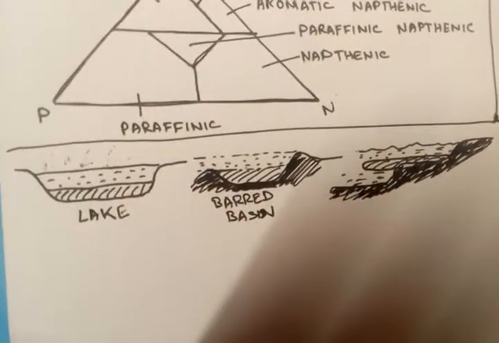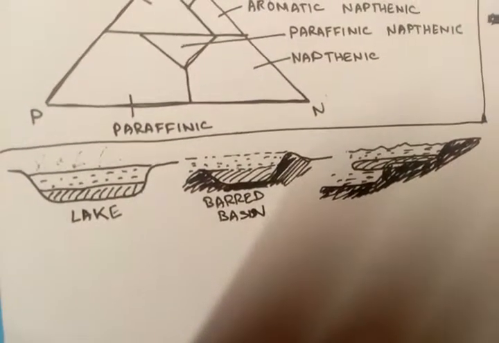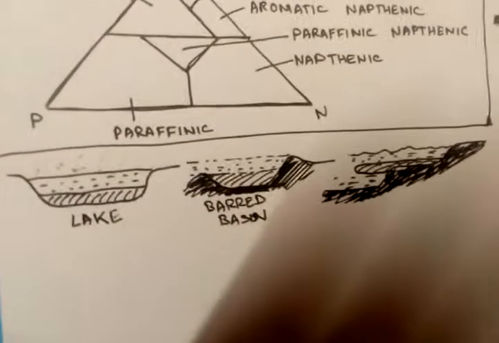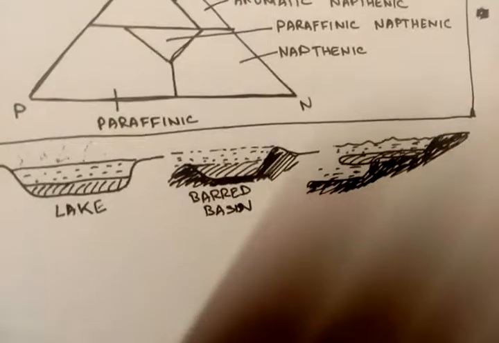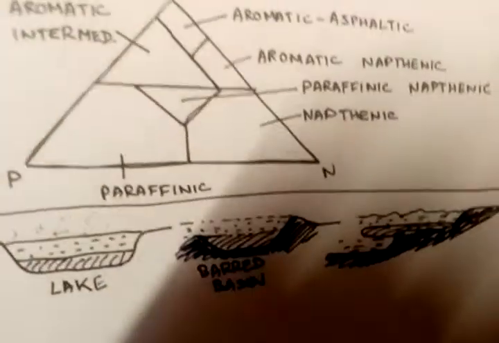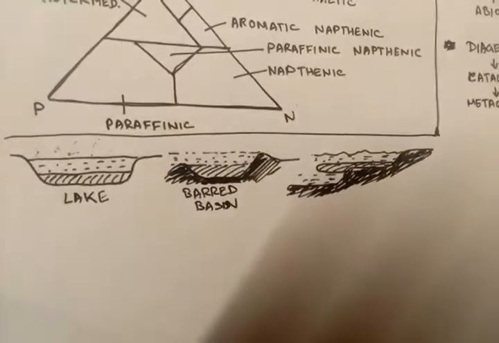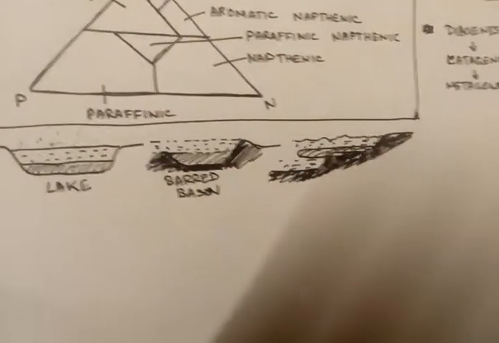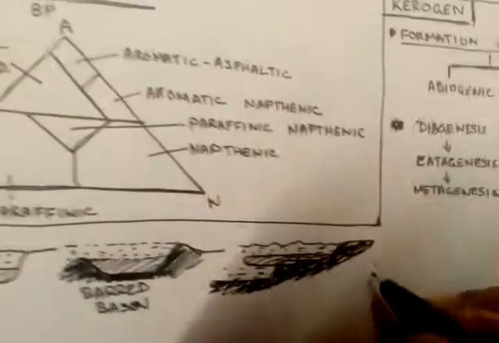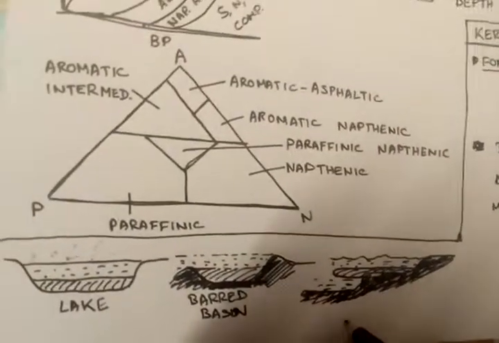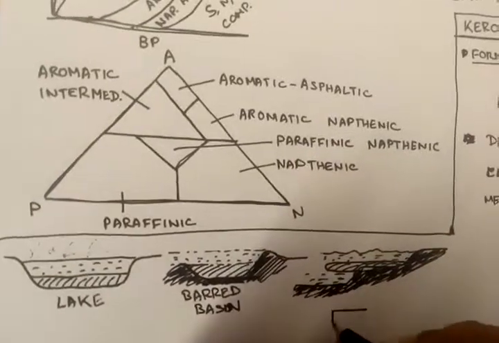Okay, so in this case what happens, the oxygen content rapidly falls at a depth between 200 to 1500 meters. So basically if we see the oxygen variability with the depth in these settings, it is somewhat like this.